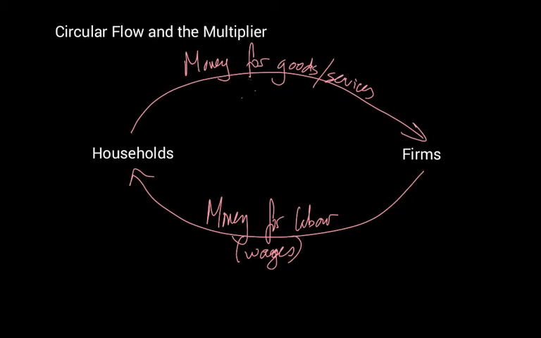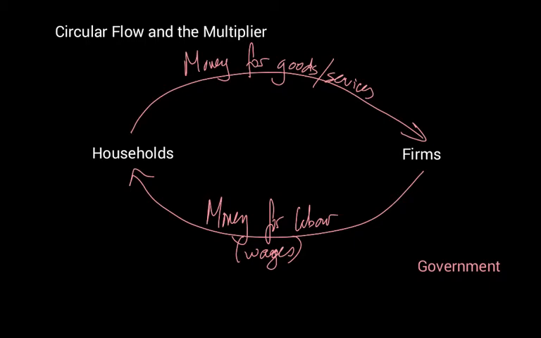Now, as we also looked at last year, there are various external economic actors who can influence the circular flow, and obviously the one that we are going to be thinking about here is the government. So we're going to be considering how the government can influence this circular flow.